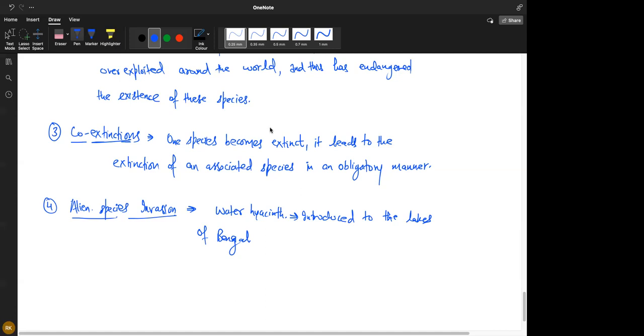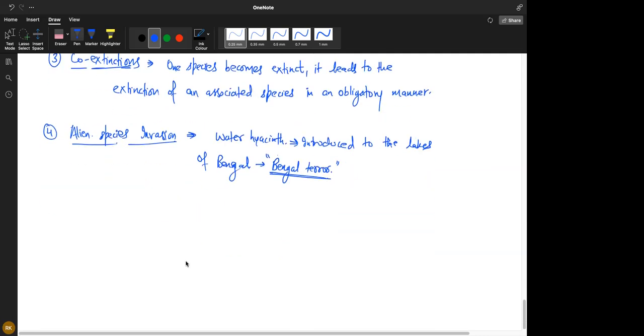A lot of important fish species were lost because of the introduction of this water hyacinth plant. So it's known as Bengal terror in the ecosystem.